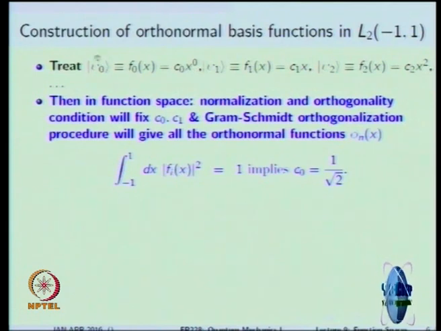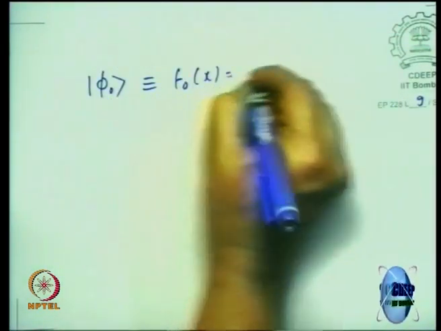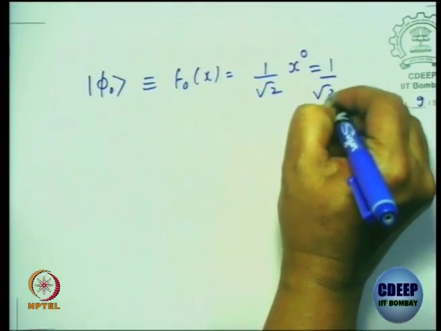You can choose this to be a normalized state belonging to the orthonormal basis set. For the second state, from psi1, I have to subtract the projection of this function onto f0 of x in the function space, which I don't need to do here. Phi naught, which is equivalent to f0 of x, is 1 over root 2 times x to the power of 0.